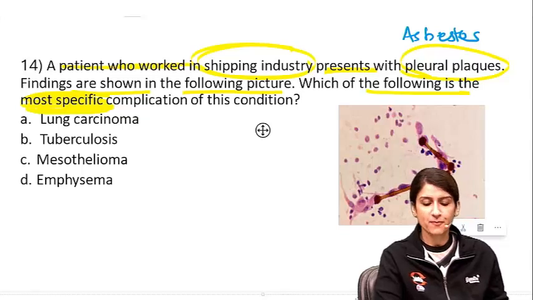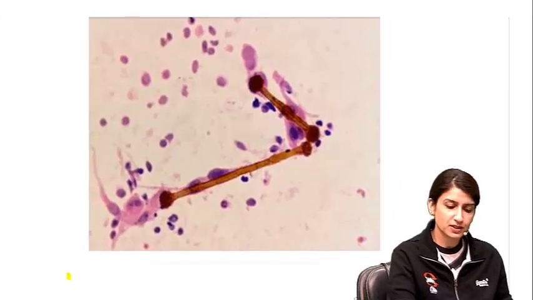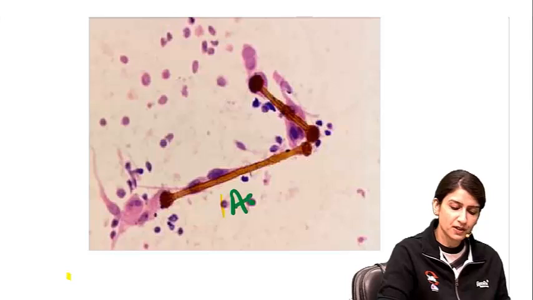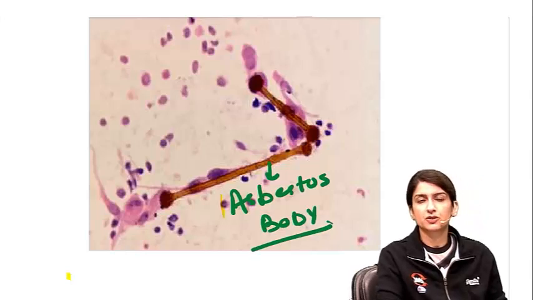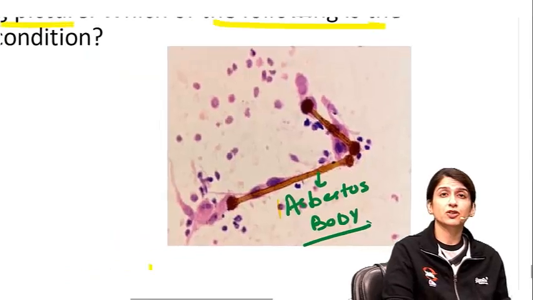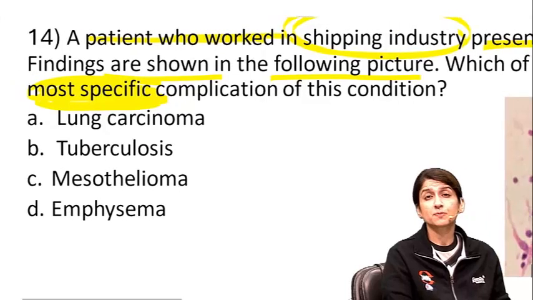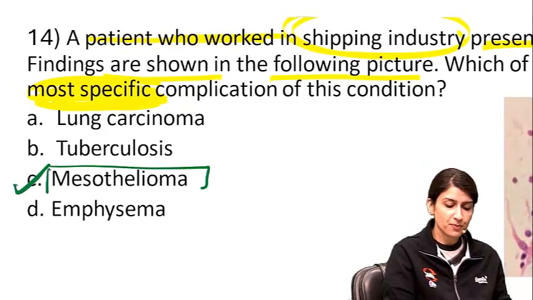वैसे तो मुझे पता चल गया था, but ठीक है, brownie points की मुझे फोटो भी दी गई है, मुझे image दी गई है, और ये जो image मेरे सामने रखी गई है, this is a very classical image, क्योंकि इस image में मुझे क्या दिख रहे हैं, brown colored beaded appearance of asbestos body. Brown colored beaded appearance of asbestos body. यानी कि I am talking about more specific complication of this asbestos patient, and we all know that the most specific cancer that is associated with asbestos exposure is mesothelioma.